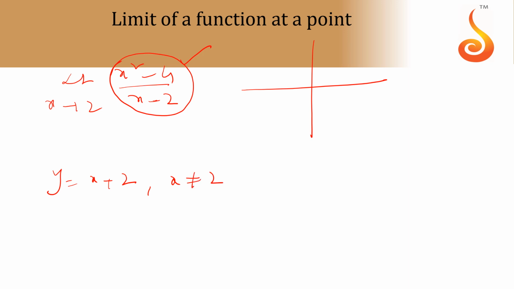How will the line y equals x plus 2 look? The x intercept is minus 2 and the y intercept is 2. This is the line. But please remember, at 2 there will be a hole.